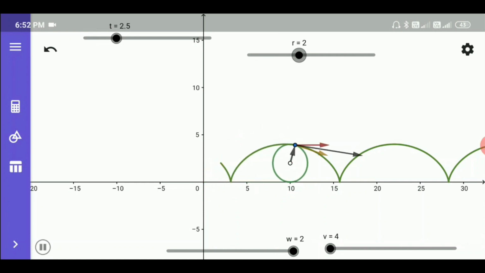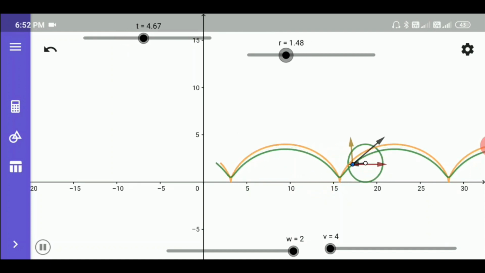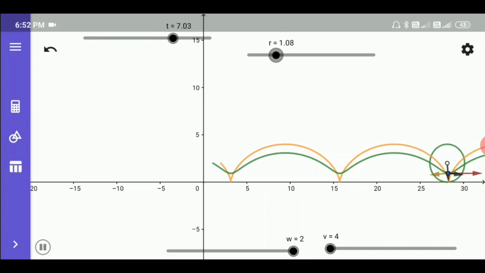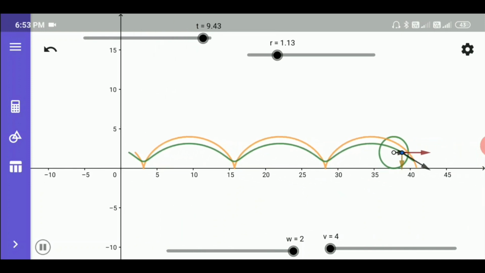And if we bring that point inside now, we will see the curve which we discussed earlier. Yes, that's the magic of physics.